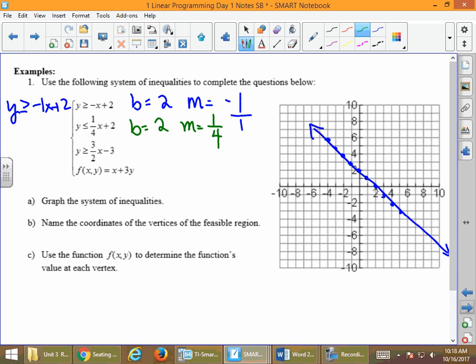Again, slope is rise over run. So we're going to start at b equals 2. We're going to rise 1 and run 4 to the right. Or we can go down 1 and 4 to the left. Here's our second constraint.